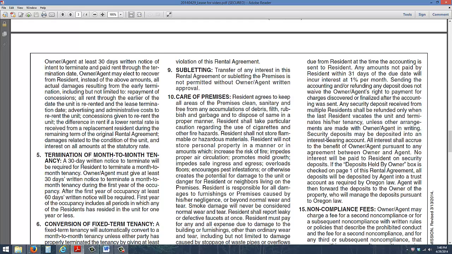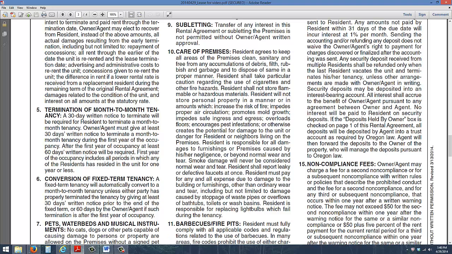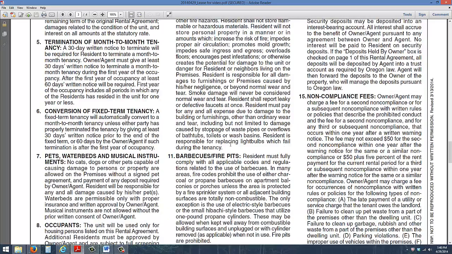It also indicates information about what happens if the deposit is held by the owner, which we discussed briefly on page 1. And the final thing to consider too is that the deposit is returned to the last person who resides in the property. So if several people move into one household and during that time there's a change in the household, the actual deposit is not returned until the last person on the original rental agreement vacates the property. So that's really important to keep in mind.